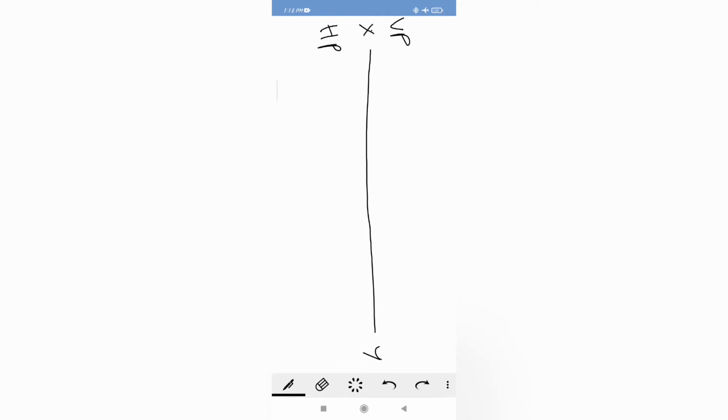That means on which plane? Horizontal plane. Though it rests on HP with its base, one of the edges of the base is given parallel to VP. We know the base for the pentagonal pyramid is a pentagon. That means for pentagon, the base edge is given parallel to VP. Among 5 edges, one of the edges is considered as parallel to VP. That means at first you have to draw a line of 30 mm which is parallel to this XY line, and from there you have to construct the pentagon.